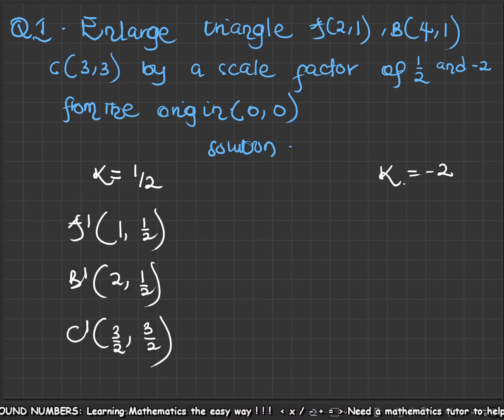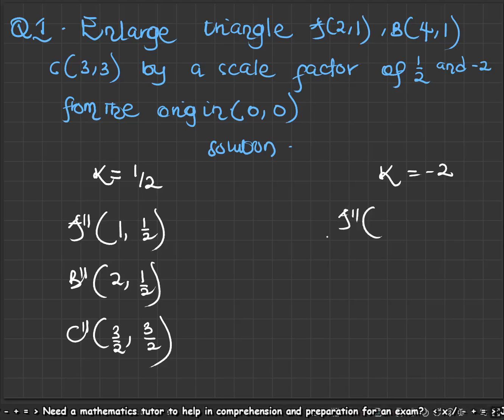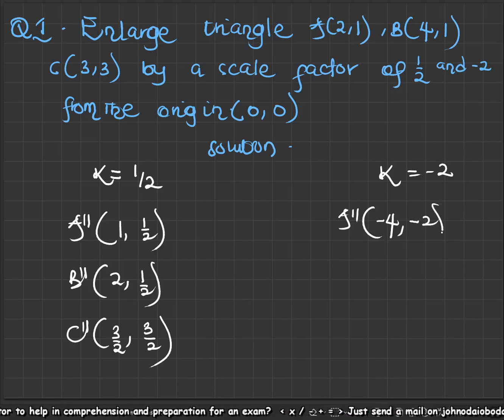For the second one here, we are multiplying everything by -2. So for our A, let me make this A2 and then make this A3. So 2 times -2 gives us -4, and then 1 times -2 gives us -2.